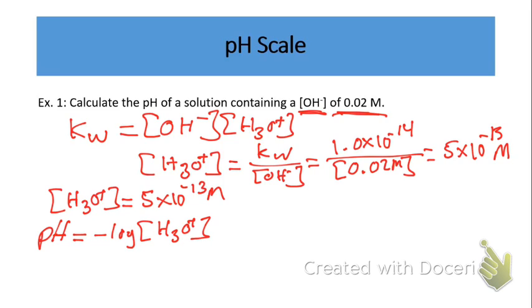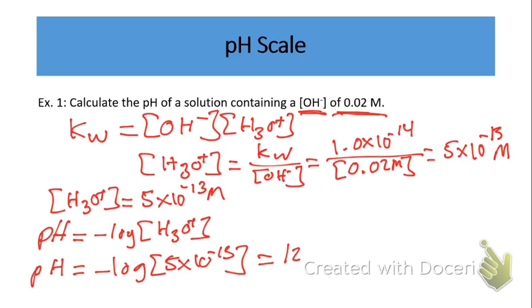So we plug that in for pH: negative log of 5 times 10 to the minus 13. Take the negative log of it, and we should find that the pH is equal to 12.3. So in other words, our pH for this particular solution is 12.3.